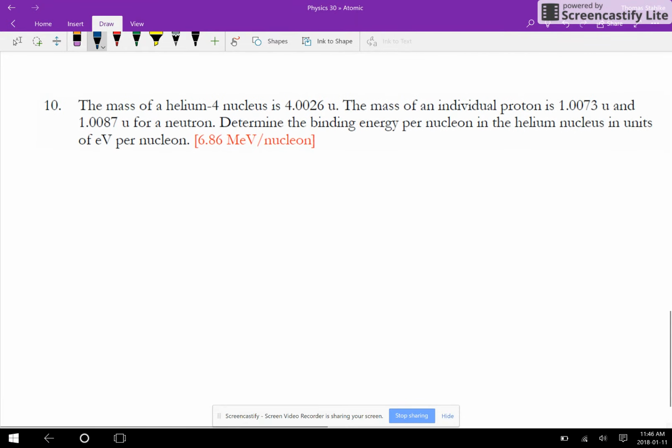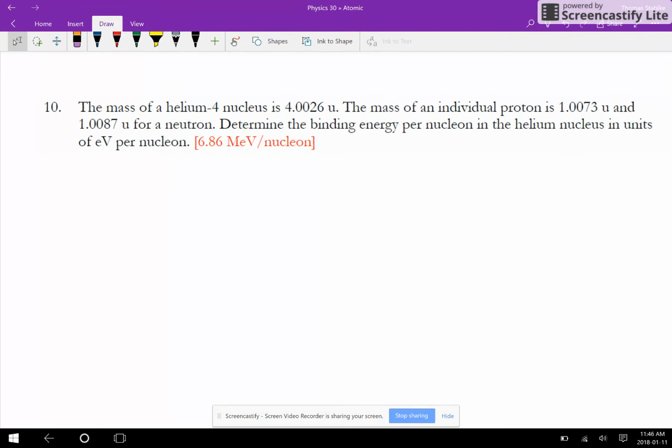One last question. Here we have something a little bit different. They give us actually the individual nucleons, and we still want to find the binding energy. So this is just like the question we just did, except that we have to add the individual nucleons first.